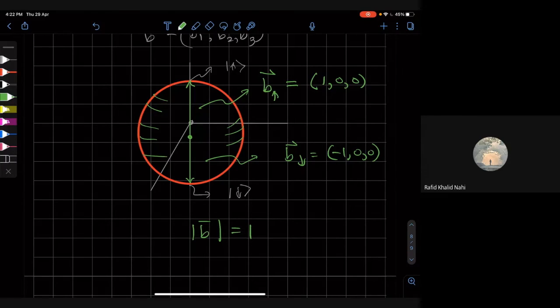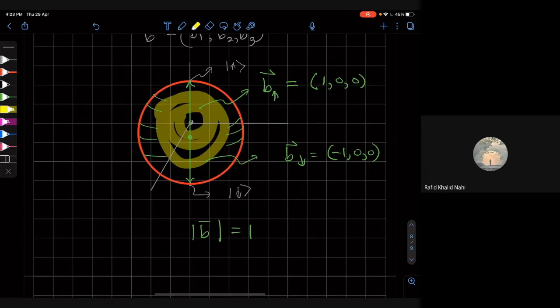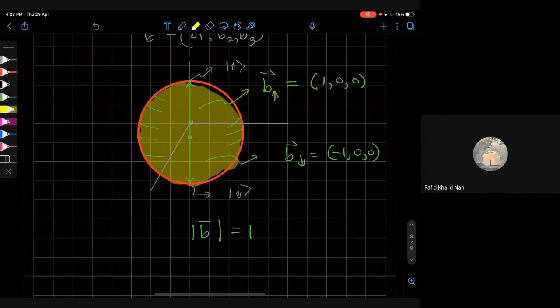And then the question is, where are the mixed states? It turns out the mixed states live inside the sphere. Okay, so the mixed states are states which have the b vector less than 1.